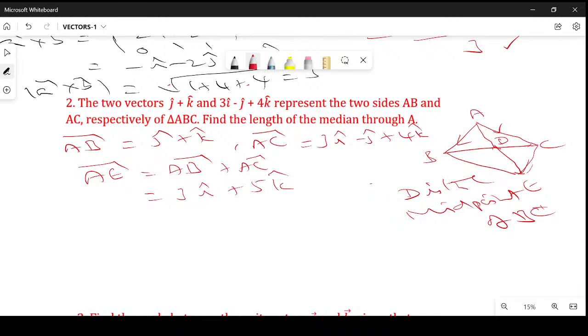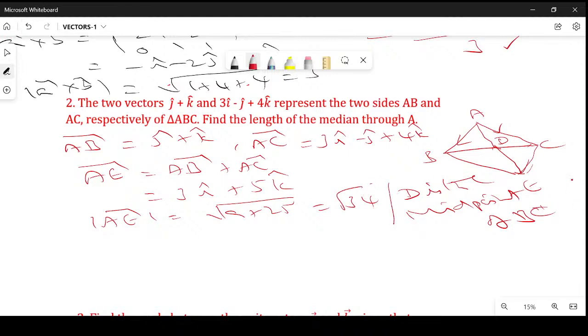This is AE bar. Now what is mod AE bar? Find the magnitude: root of 9 plus 25, which is root 34, right?